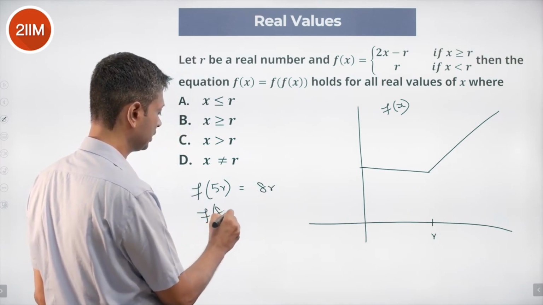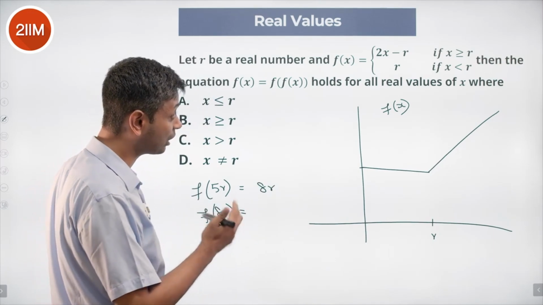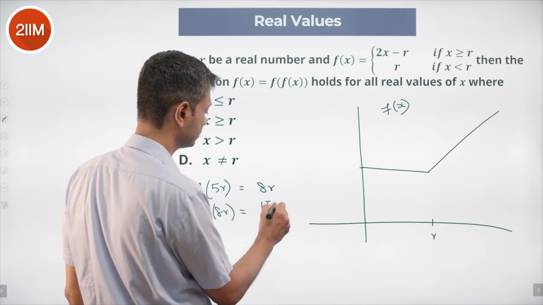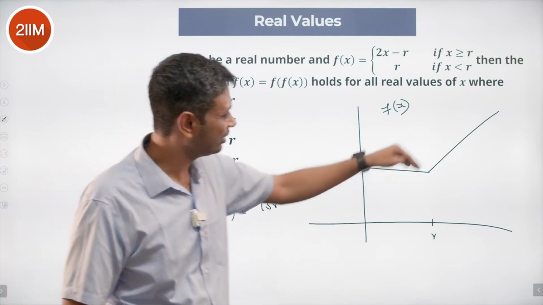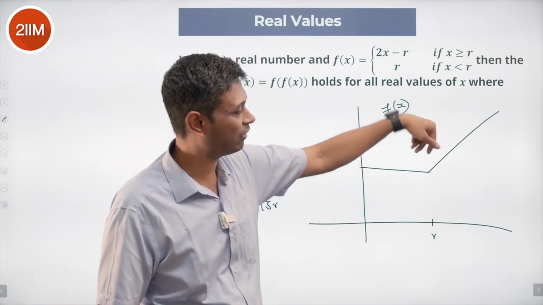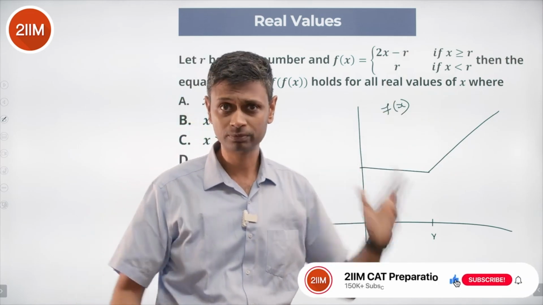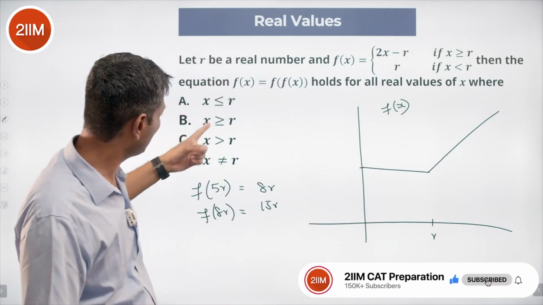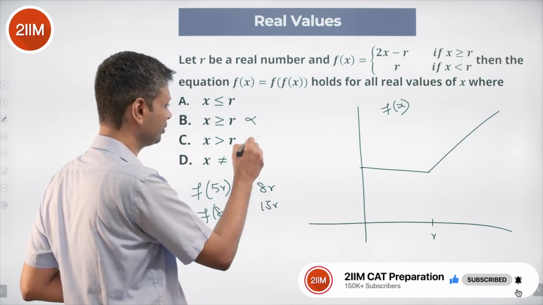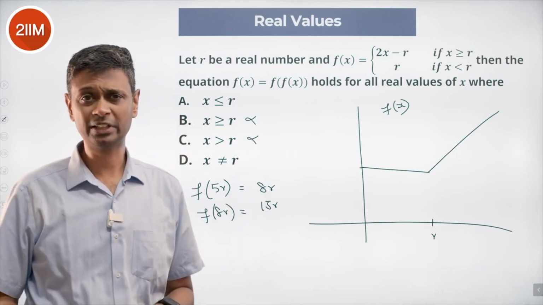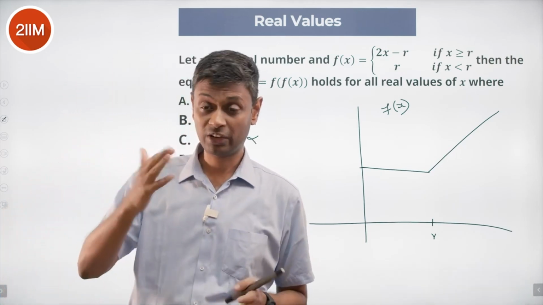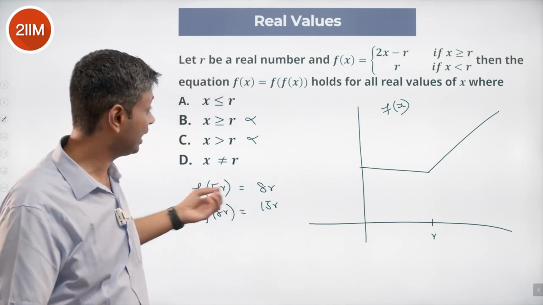F of 9r, 18r minus r is 17r. After this, f of x starts flying, becomes more and more. And so greater than or equal to r, greater than r, I don't like these two. F of x will not be equal to f of x.